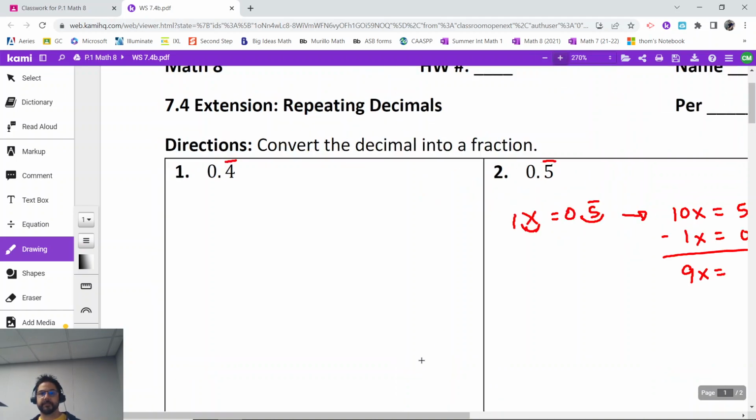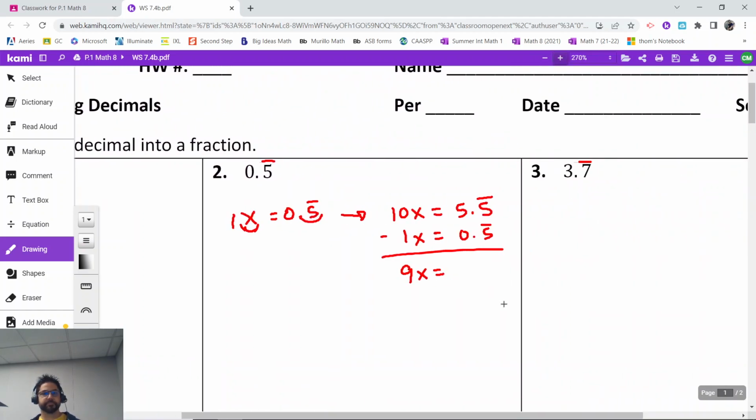So let's see here. Lightly cross them off, which means I now have a 9x is equal to a 5. Divide both sides by 9. So that means x is equal to 5 over 9.